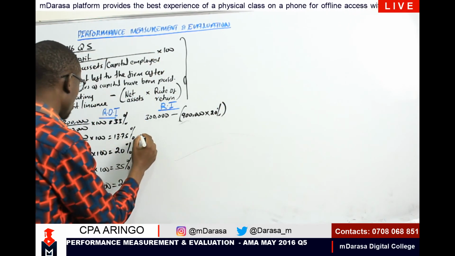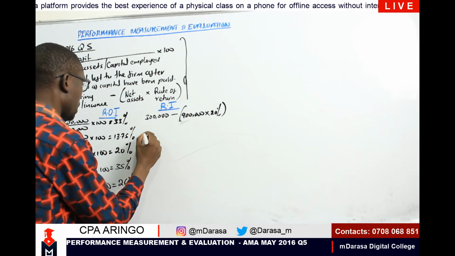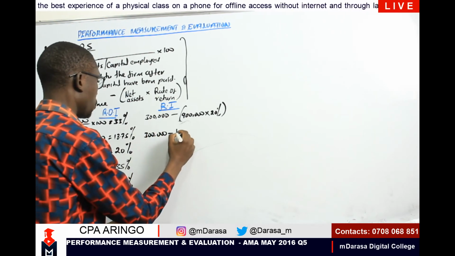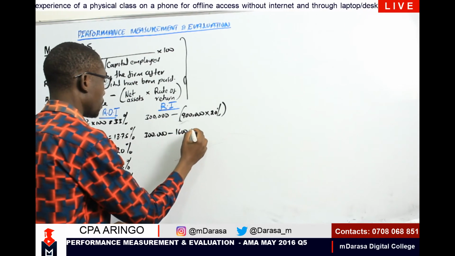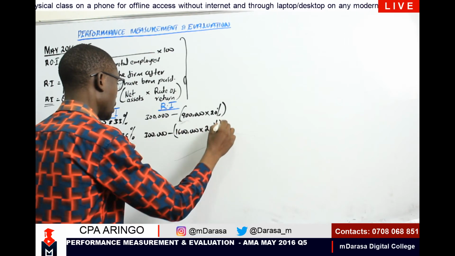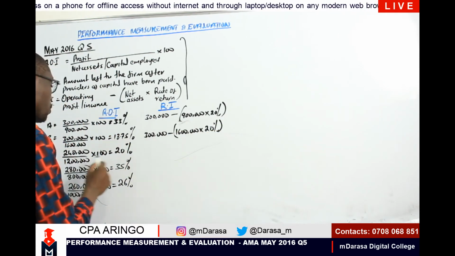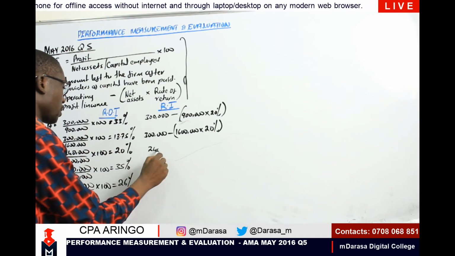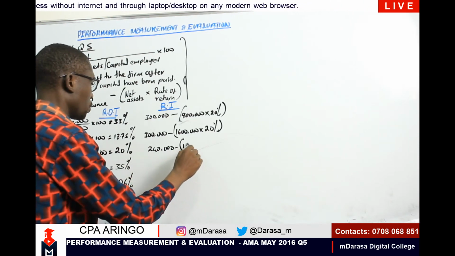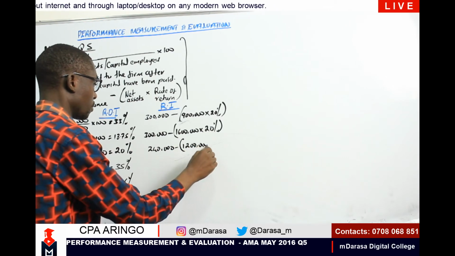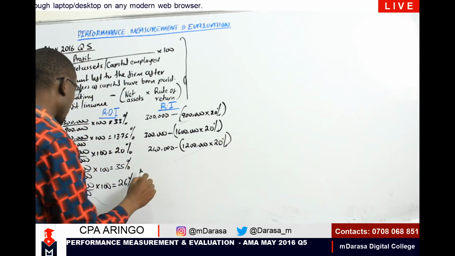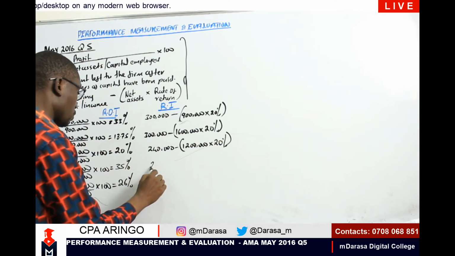For the other case, I should be talking of 300,000, less 1.6 million, times 20%. The other one, I'm having my profit, which is 240,000. We less 1.2 million times 20%. Then we have 280,000.